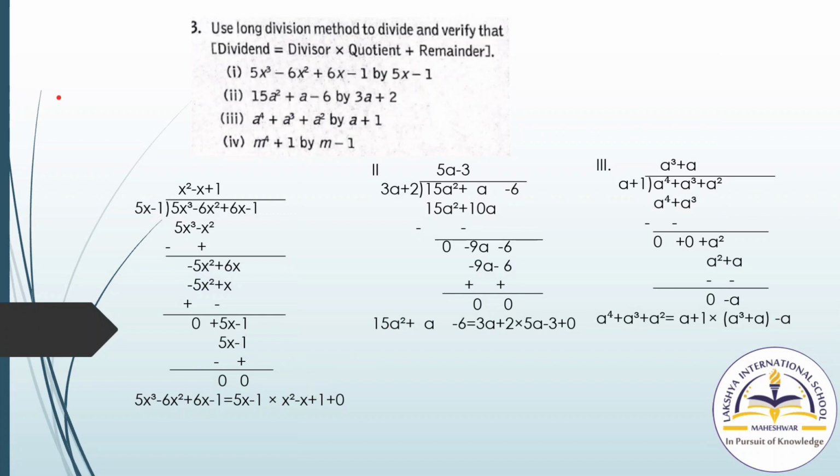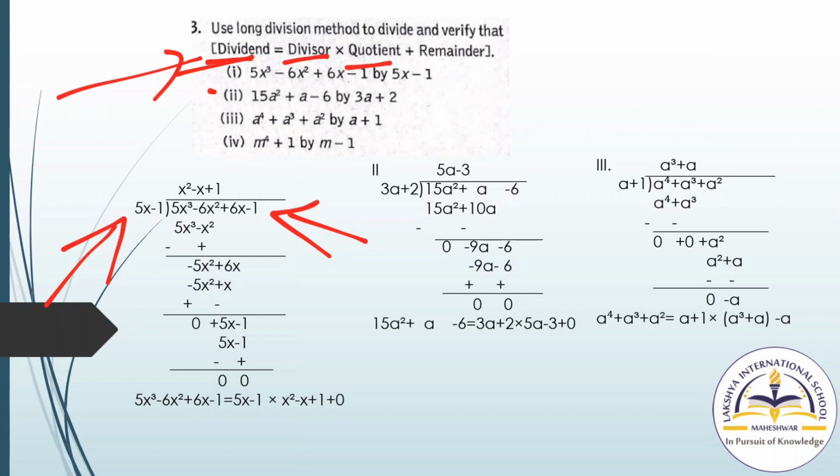Now here one formula is given. In this, what is the dividend? The dividend is this one, the expression given. Now what is the divisor? The divisor is what we divide by, multiplied by the quotient. What is the quotient? This is the quotient, meaning this answer is the quotient.